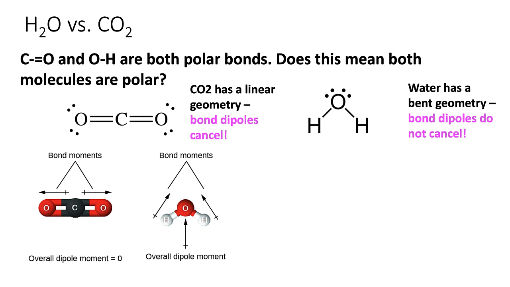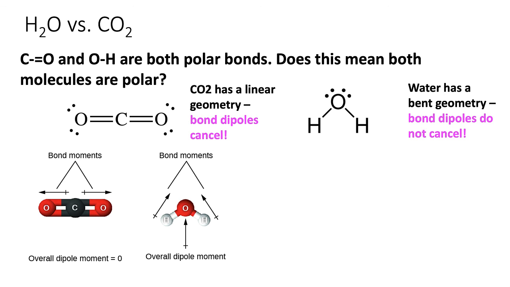Carbon's always carbon, oxygen's always oxygen, so the carbon-oxygen bond dipole on the right is equivalent to the bond dipole on the left. And we know that it's a linear geometry, so those bond dipoles will be pulling in equal and opposite directions. Therefore, the overall dipole on carbon dioxide is going to be equal to 0.